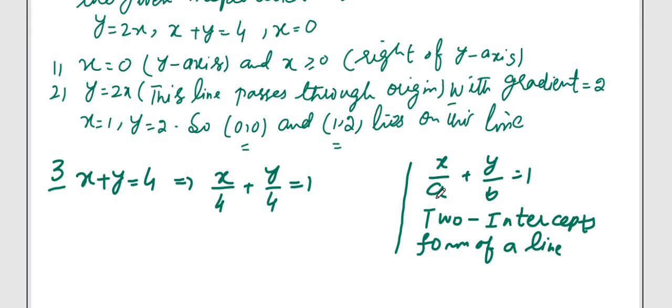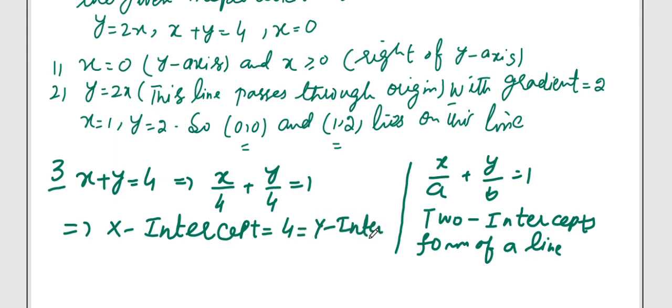Here a is called the x-intercept and b is called the y-intercept. So for this line, the x-intercept is 4 and the y-intercept is also 4.